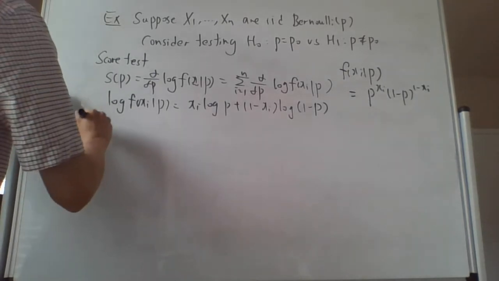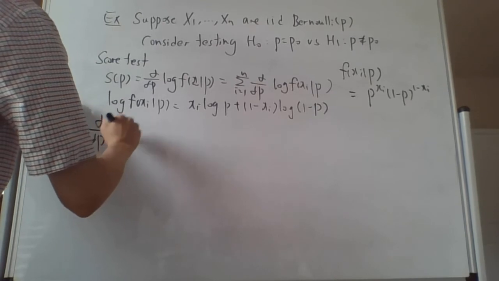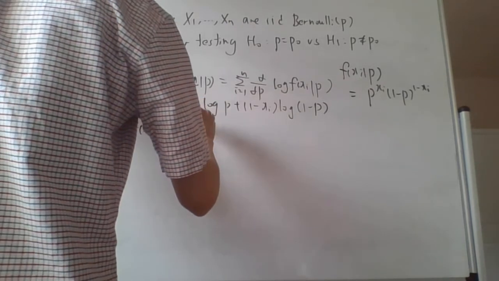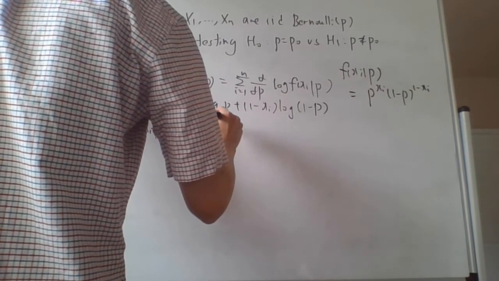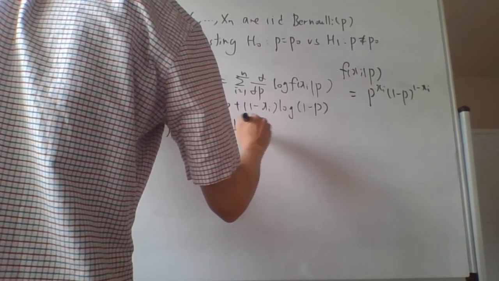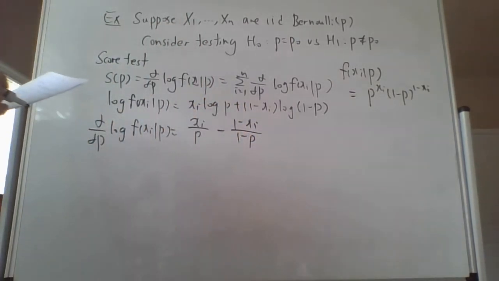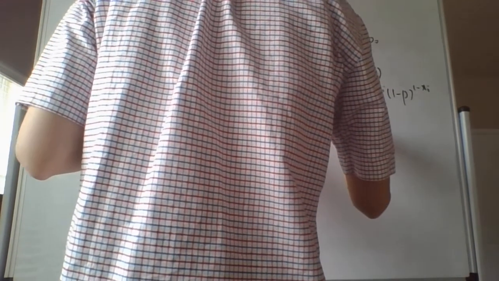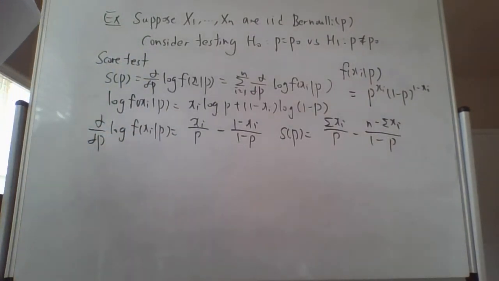The first derivative is given like this. So S(p) is the sum of xi divided by p minus n minus sum of xi divided by 1 minus p.